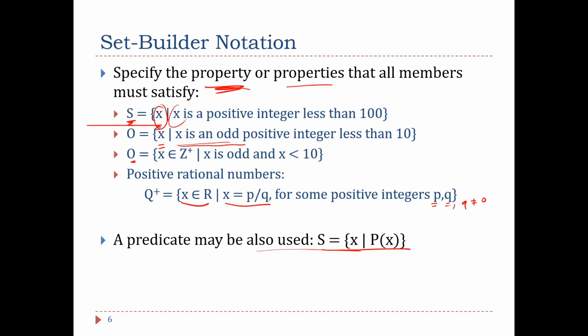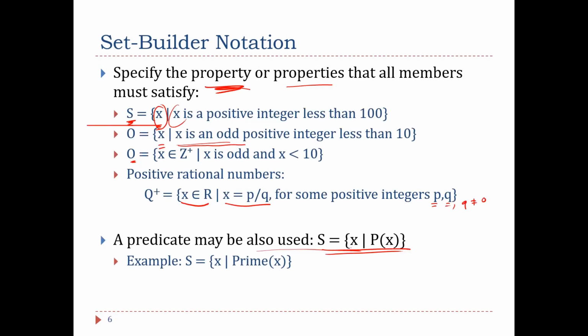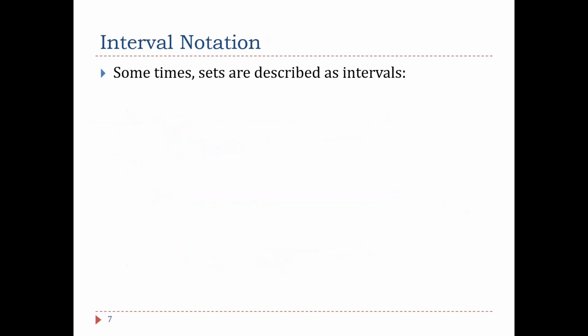So S can be defined as a set of elements X, such that the property P of X, or the predicate P of X, is true, as I said at the beginning. And then a typical example could be the set S with elements that are prime, such that prime of X is true.